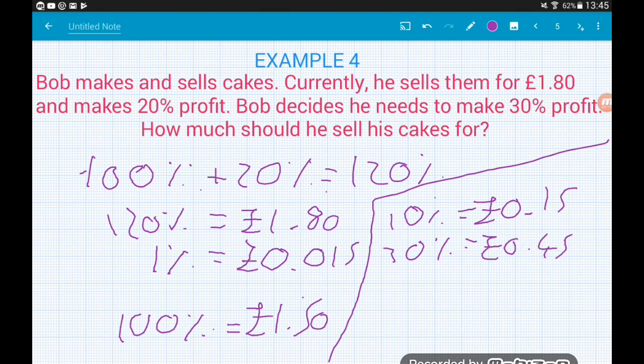So for Bob to make 30% profit when he sells his cakes, he needs to add 45p onto £1.50, so he needs to sell his cakes for £1.95. If he does that, he will get 30% profit when he sells them. Jobs are good. Okay guys, that's reverse percentages.